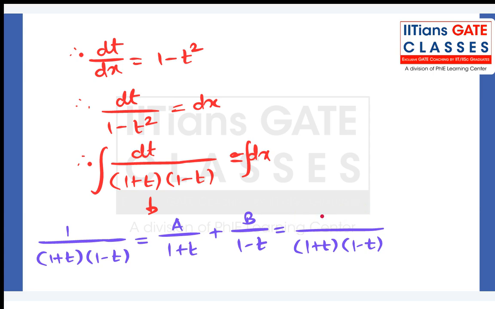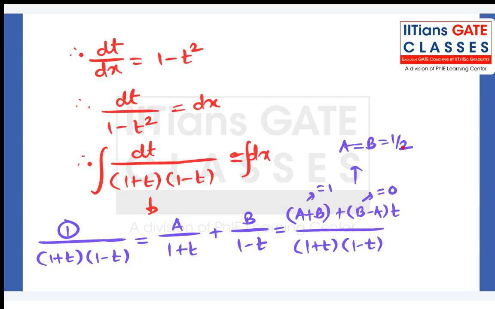Since there is only 1 here, a plus b has to be equal to 1 and b minus a has to be equal to 0. That means b has to be equal to a and the summation has to be 1. So that means a and b are equal to half.